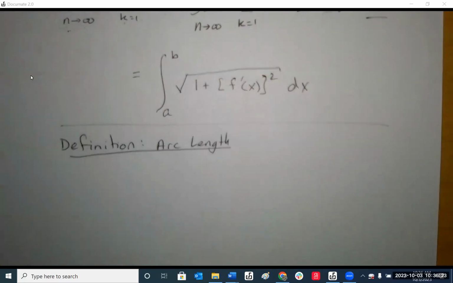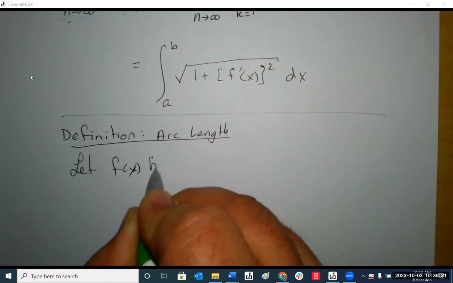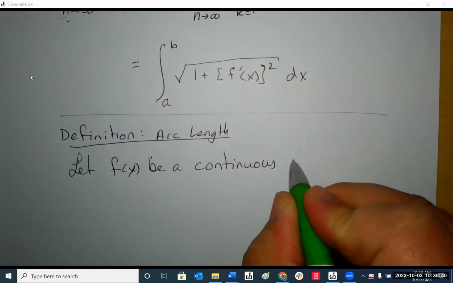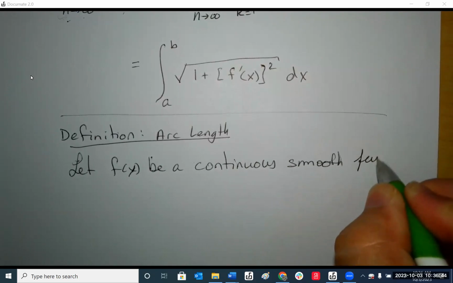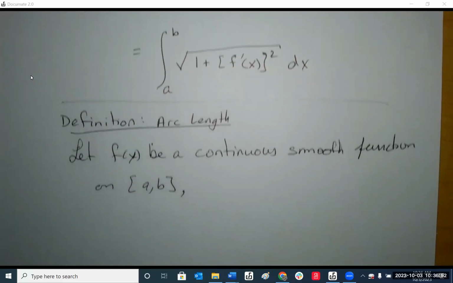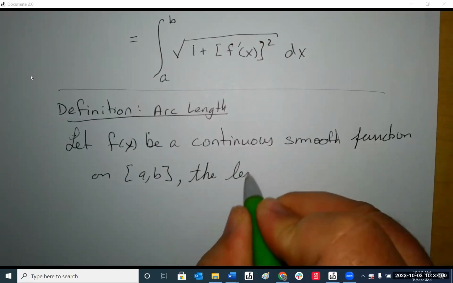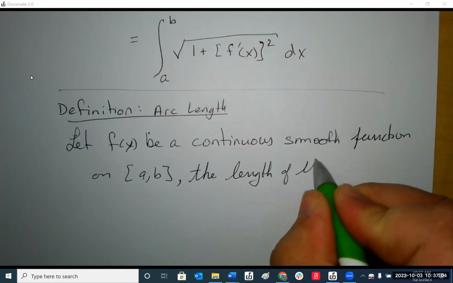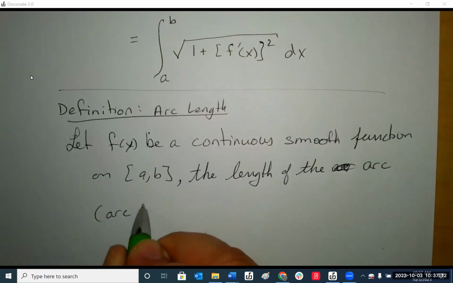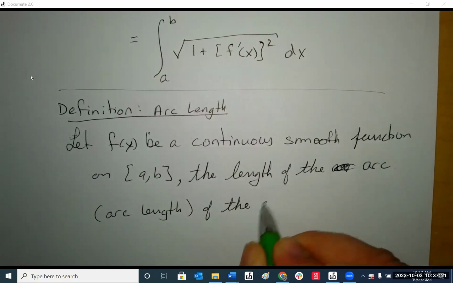So, in the definition of an arc length, let f of x be a continuous, smooth function on a closed interval [a, b]. The length of the arc of the curve.